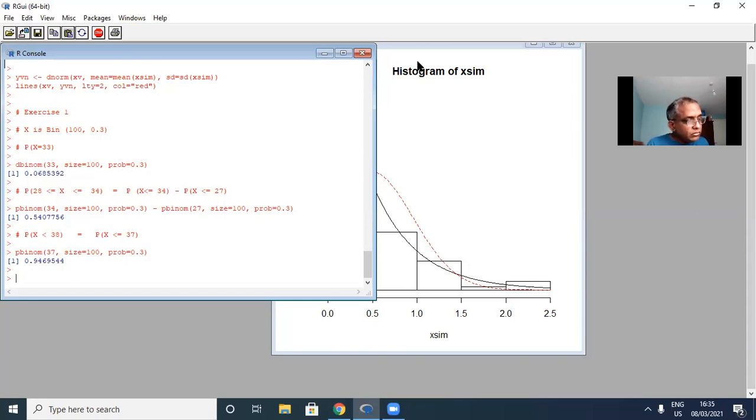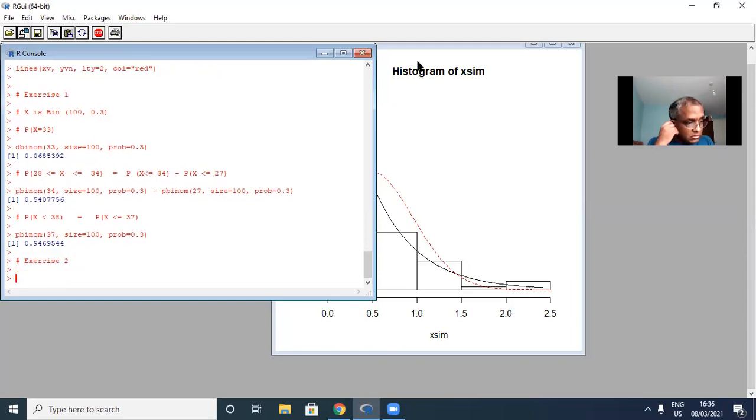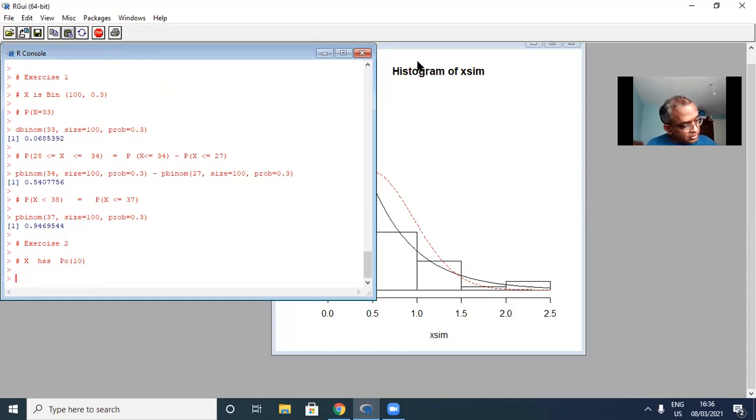Question 2, there are 2 parts once again. This is exercise 2. The first part says you have a Poisson variable, x has Poisson distribution with parameter 10, right? And the first part is to plot the PMF of the Poisson with parameter 10 over the values 0 to 25.